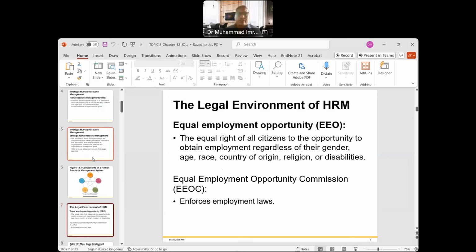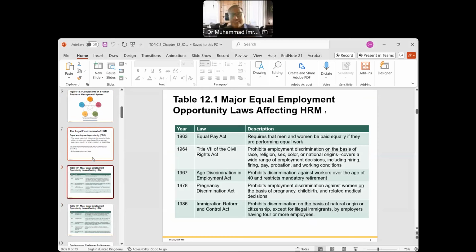This department, the equal opportunity commission, will make sure every company and every organization implements and follows the set laws. Here are some examples from the USA context, by the way, but we have something similar in Malaysia as well, with a different name.